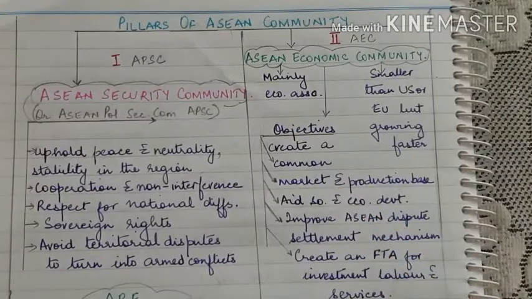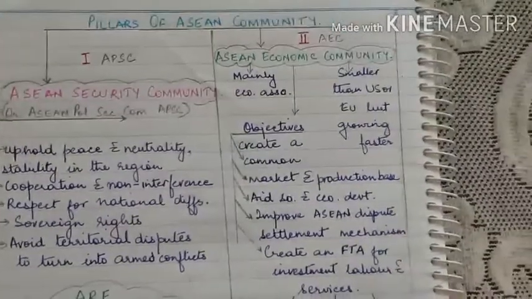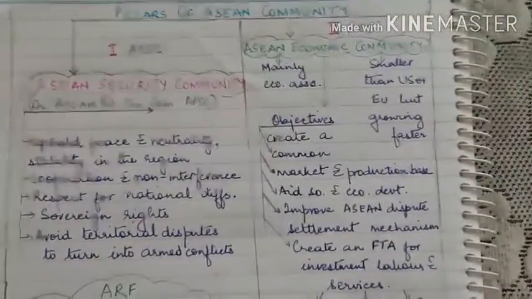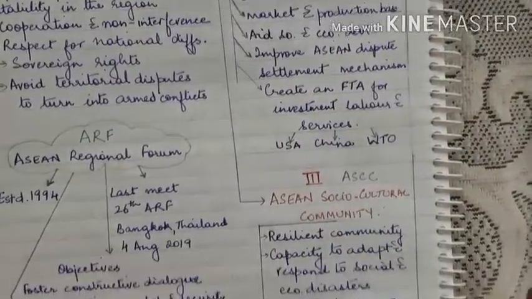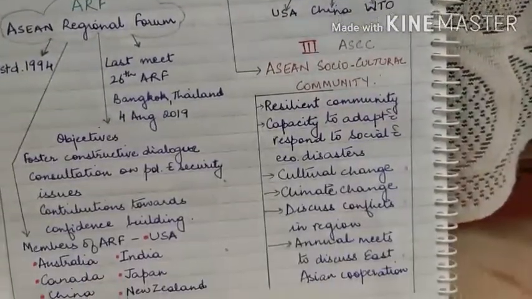Under this, at the Bangkok summit, a decision was taken to promote dialogue with outside powers. Accordingly, ASEAN representatives negotiated with the United States and European powers for freer world trade under WTO. So, this was the ASEAN Economic Community.